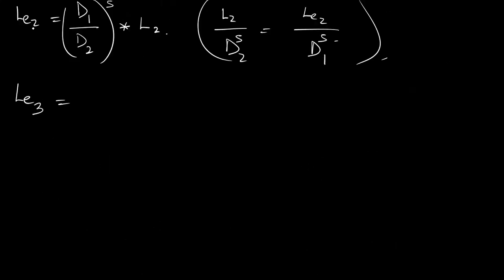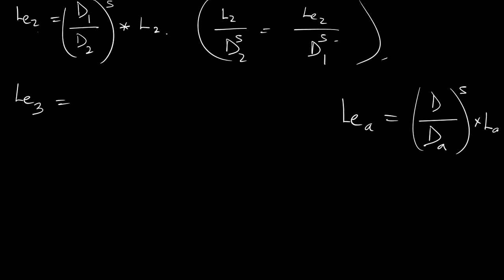So segment 3 now, if you look at it, let's find a general rule. So we say equivalent length. Now we'll call this one A. The equivalent length of a segment will be equal to the diameter we want all of them to be, divided by the diameter of the segment, all raised to power 5, times the length of the segment.